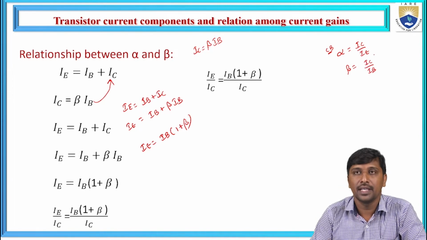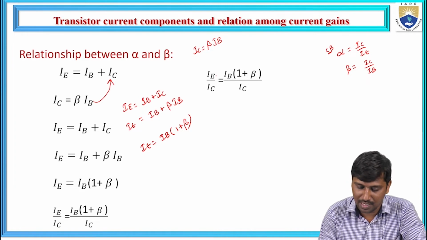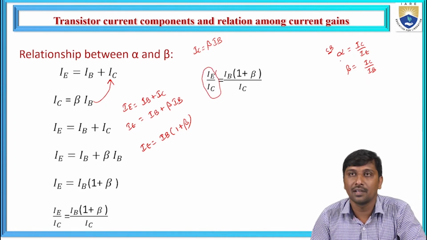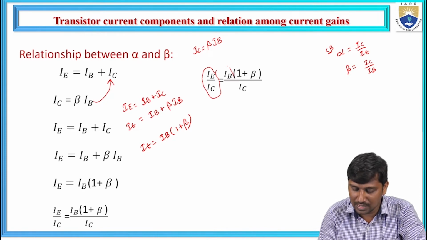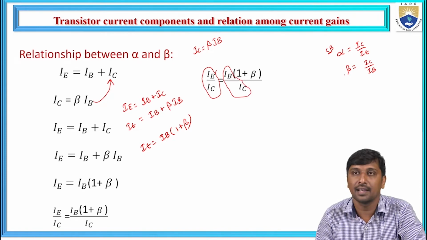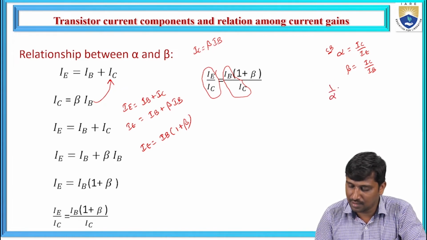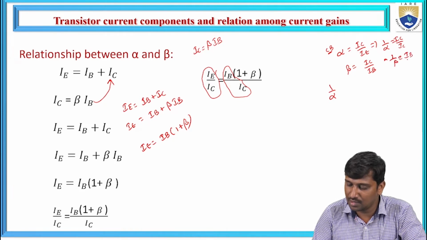Now you can observe that IE by IC is the reciprocal of alpha, and similarly IB by IC is the reciprocal of beta. So 1 by alpha is IE by IC, and 1 by beta is IB by IC.